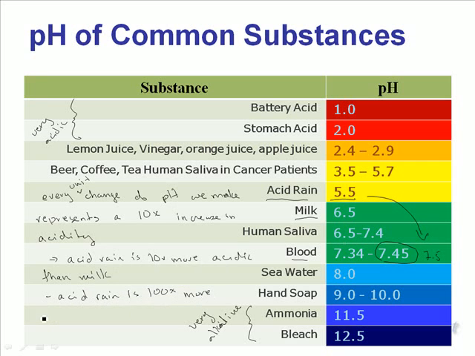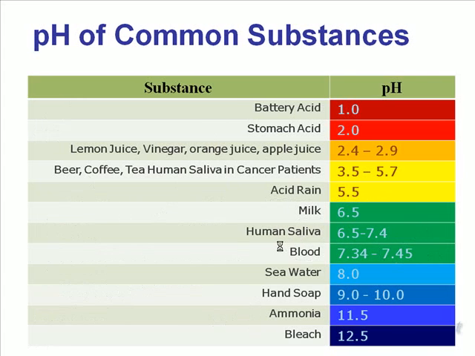So a 6-point step would be 1,000,000 times. So there's a huge difference in acidity when you compare, say, battery acid and even human saliva. Battery acid is almost 1,000,000 times more acidic than human saliva or blood or substances like that.